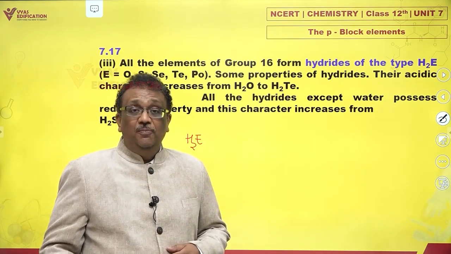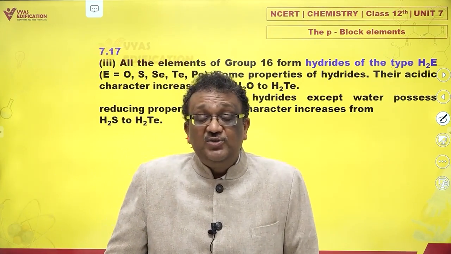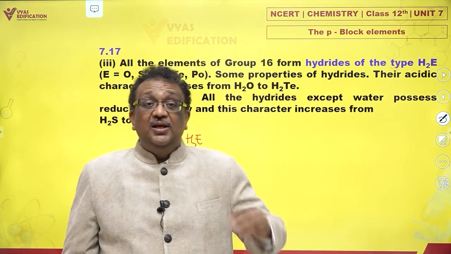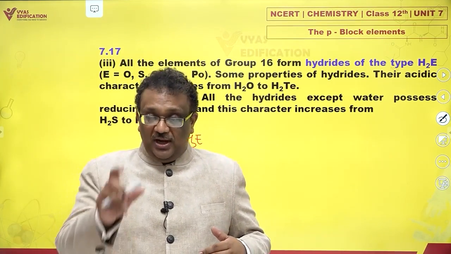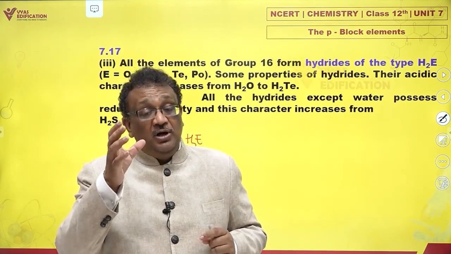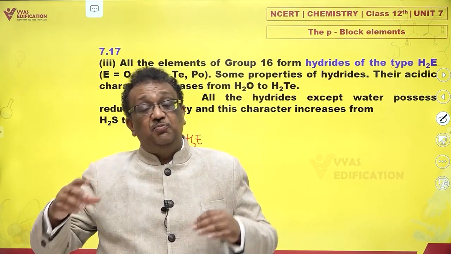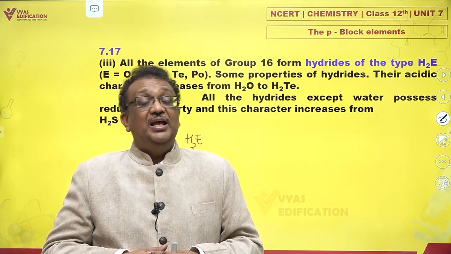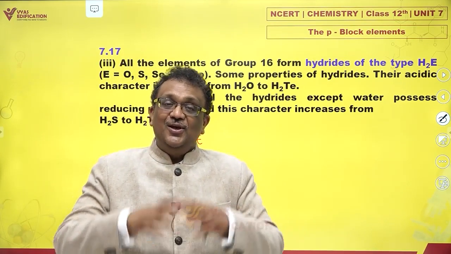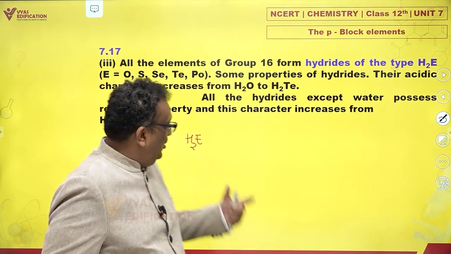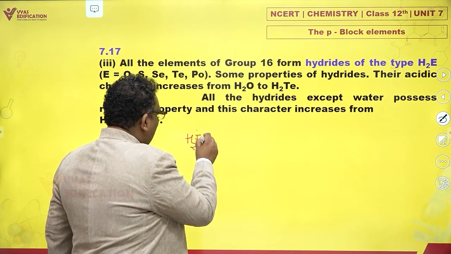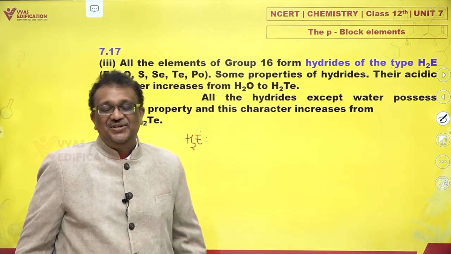If you move down the group, you find that hydrides become less stable. So yes, you find bond length increases for the H-E bond. Bond strength decreases, reducing power increases, H-E-H bond angle also decreases and basic strength also decreases on moving down the group for H2E in general. These are the properties.